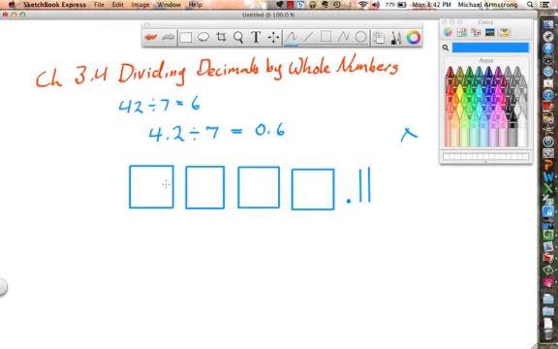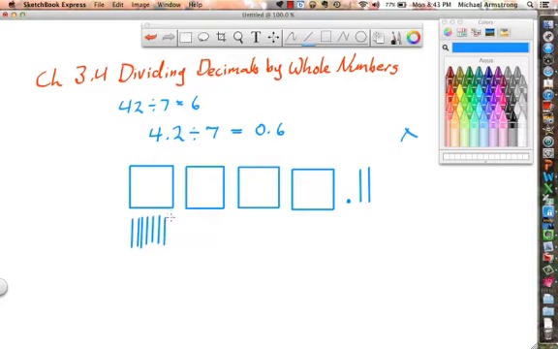So this is 4 2/10, and how do we divide that into 7 pieces? Well, if I remember that each one of these wholes is 10 tenths, and I'm dividing them into 7 groups.